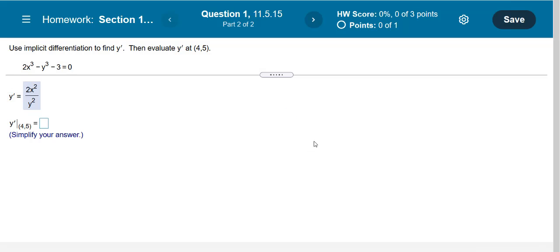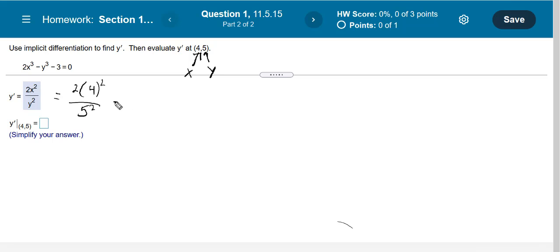Now we want to substitute into that the values given up above. We'll be using a 4 in place of x and a 5 in place of y. So this would be a 2 times 4 squared over 5 squared. Now you can do that on your calculator.